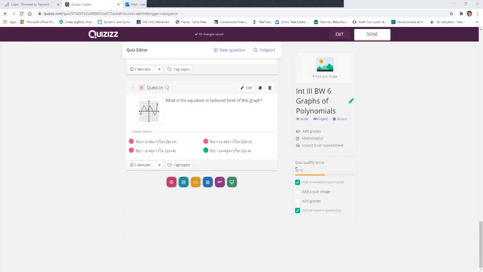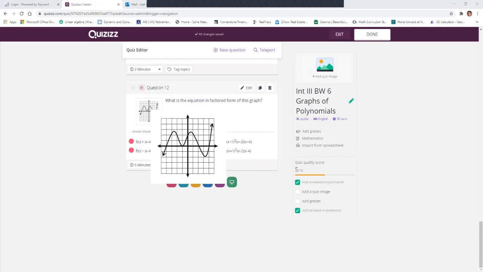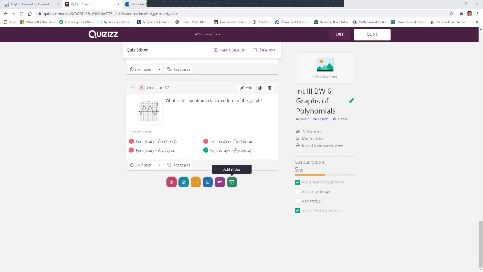Well, all of these have x minus 4. In fact, we noticed that when x is equal to 2, we have a 0, so x minus 2 is a factor. And I can now rule out one of these, right? If x minus 2 has to be a factor, well, this can't be the answer. This one doesn't have x minus 2.